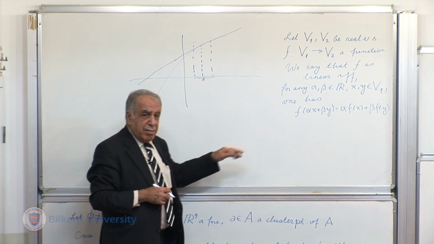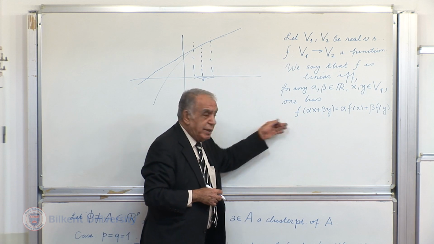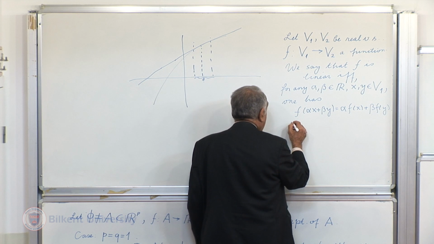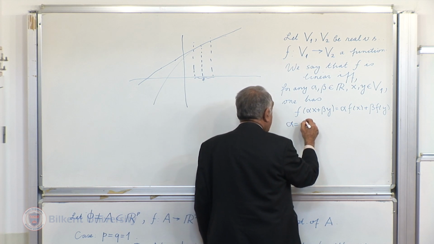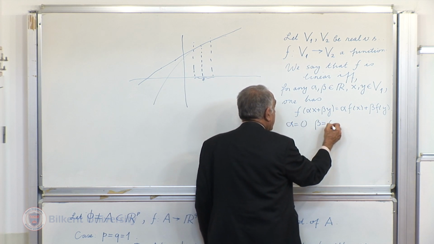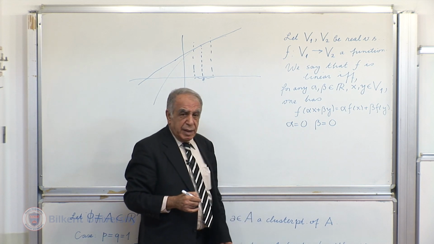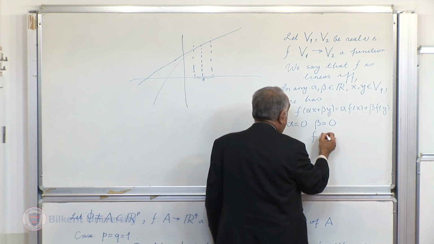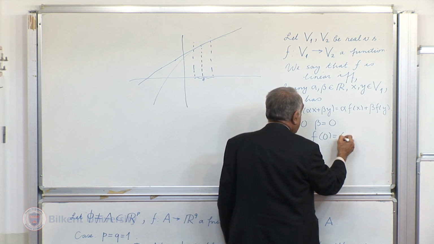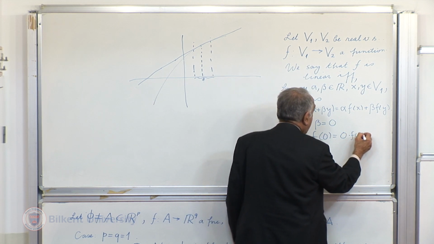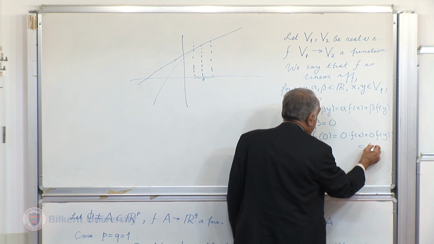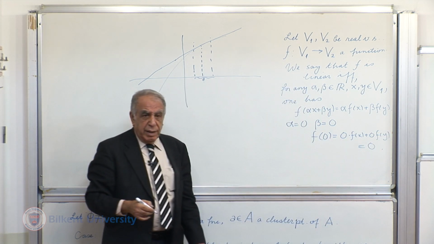It's not, but let's make a further observation here. Let us take alpha equal to 0 and beta equal to 0. Well, this is for all alpha, beta. Then you have here f of 0 is 0 times f of x plus 0 times f of y. So this will be 0.